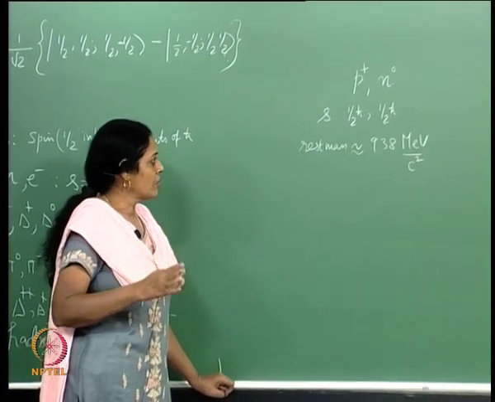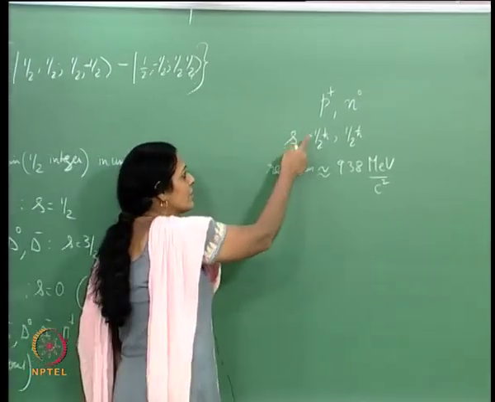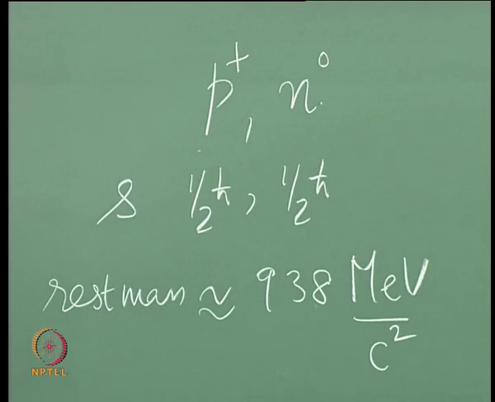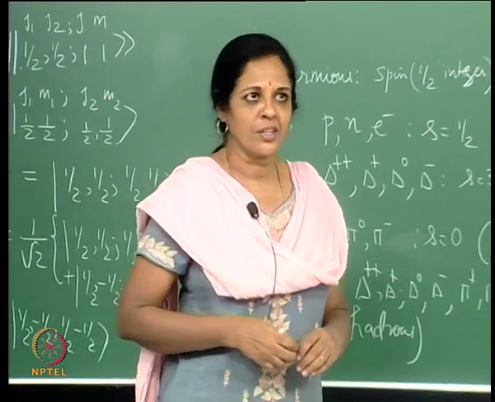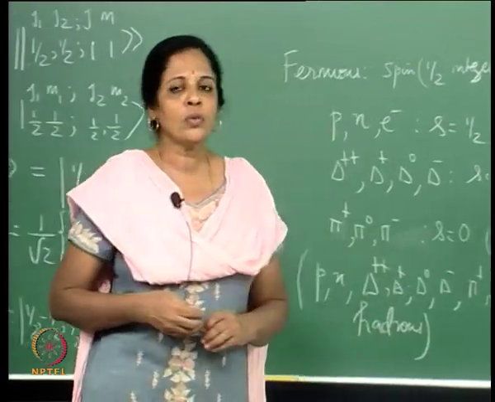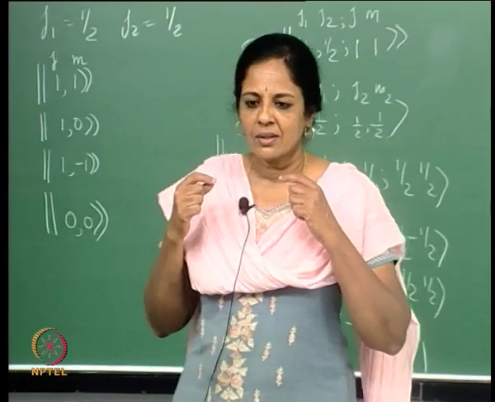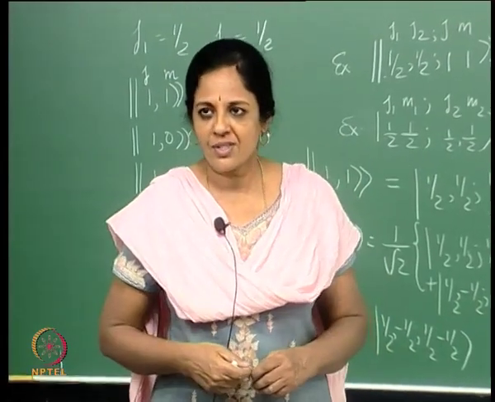Suppose I did not talk about electromagnetism, I cannot see the difference between the proton and the neutron, because all other quantum numbers are the same and the rest masses are approximately the same. Now, you could always tell me that I can see the difference in the rest mass.